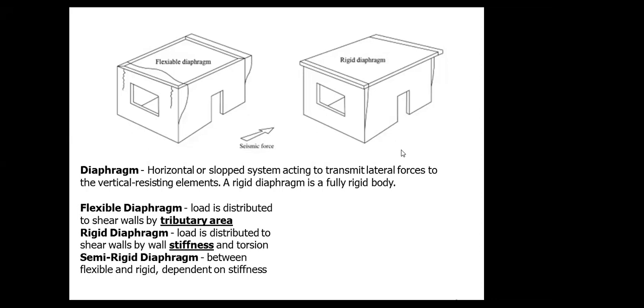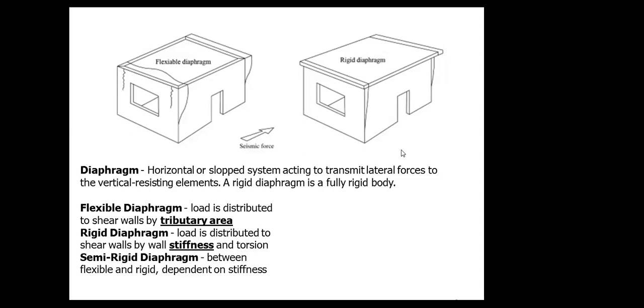And rigid diaphragm means your slab will not deform during the transferring of the load. From diaphragm to shear wall, if we see how you transfer the load, of course you apply the wind load or earthquake load, horizontal loads, and through the slab it goes to the shear wall.